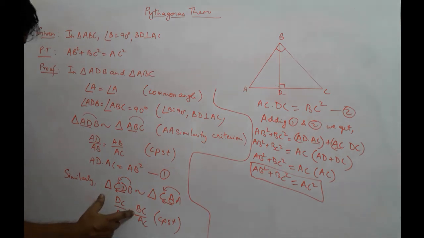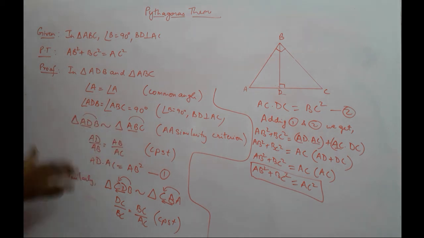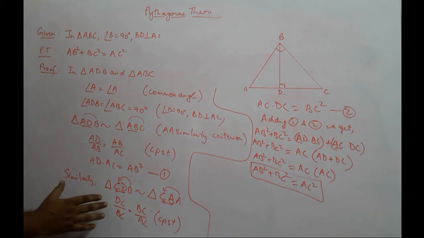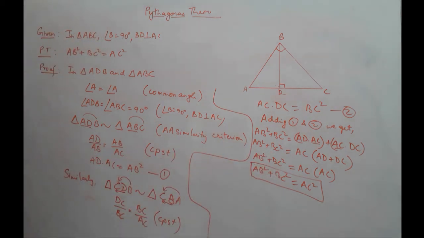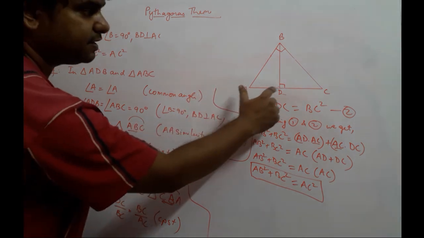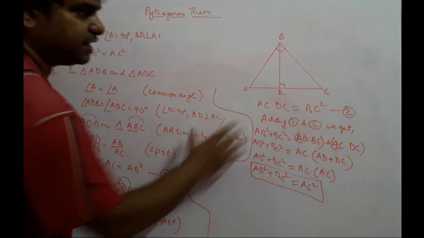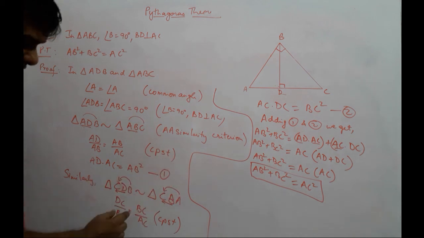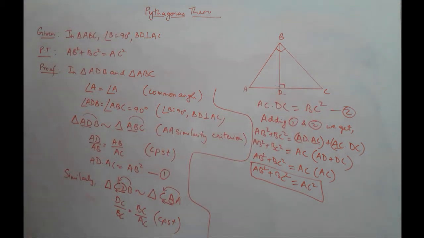Now it is not just enough to get AB square and BC square. We need to choose the orientation of the triangles in such a way that we get AC square towards the end too. So apart from getting AB square, see the sides that I chose, that was AD and this whole side AC, and in this case it was DC and the whole side.